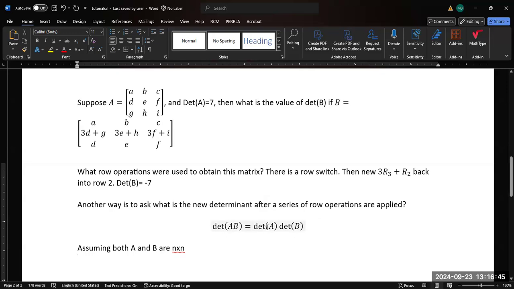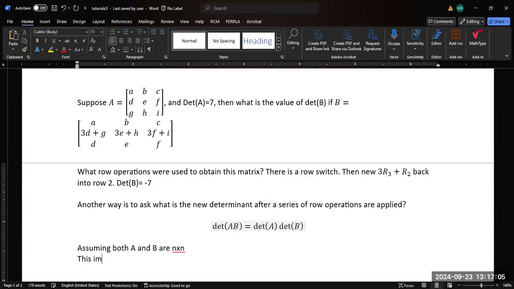If A and B are not square, then we can't do this. It doesn't make any sense anymore. But as long as A and B are both square and you can multiply them, then you can separate them out, calculate the two determinants separately, and that will give you the value of the determinant of their product.